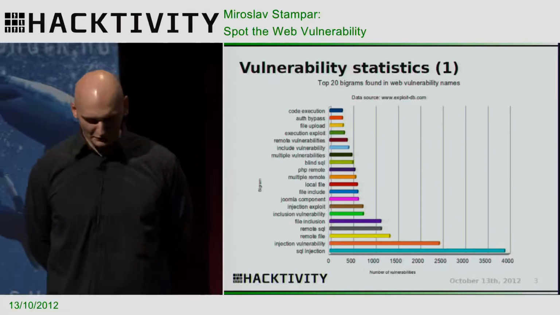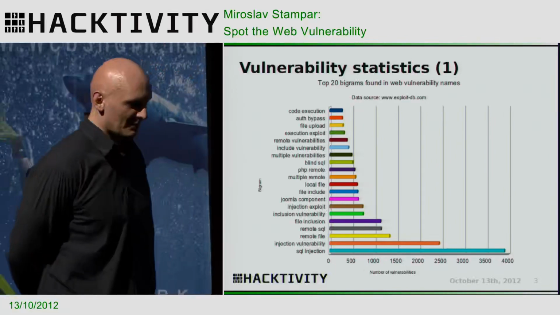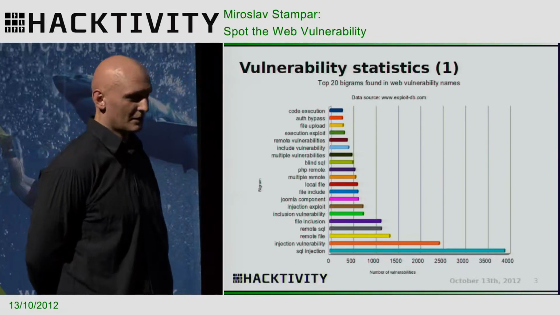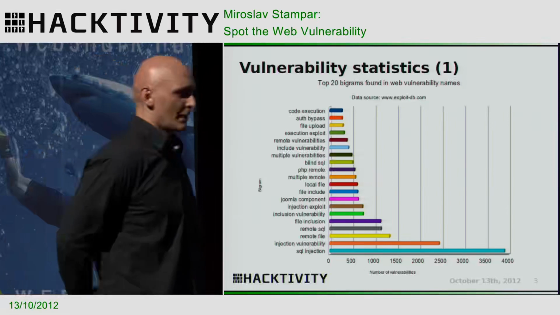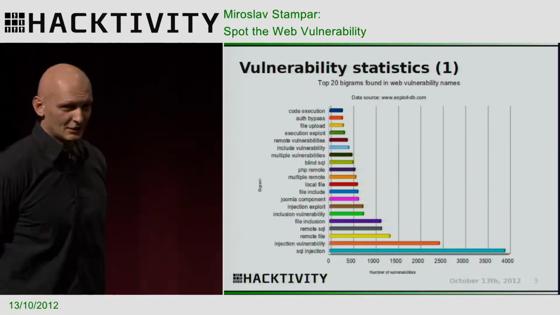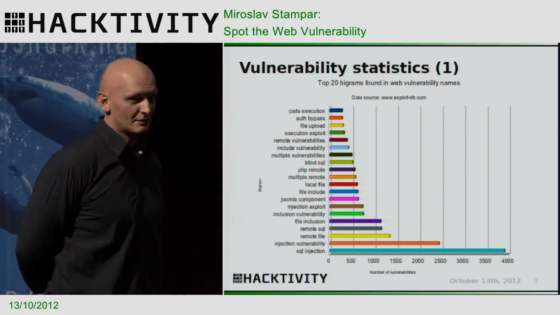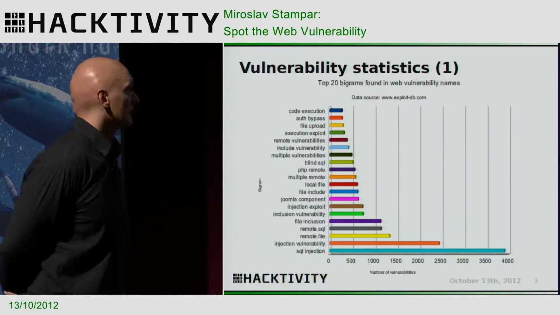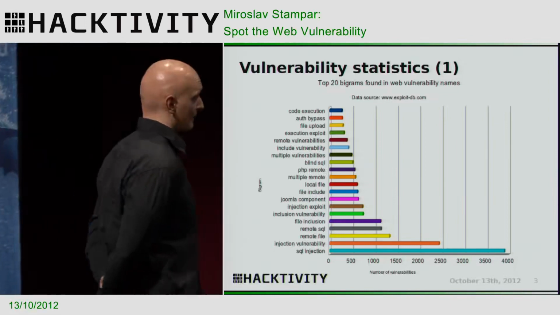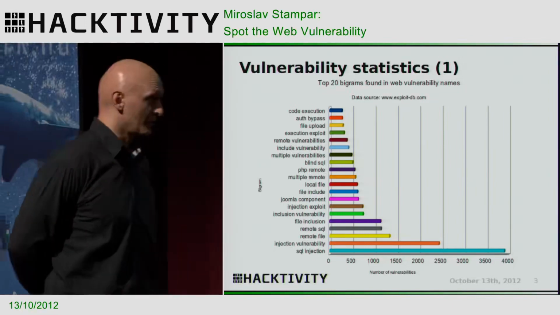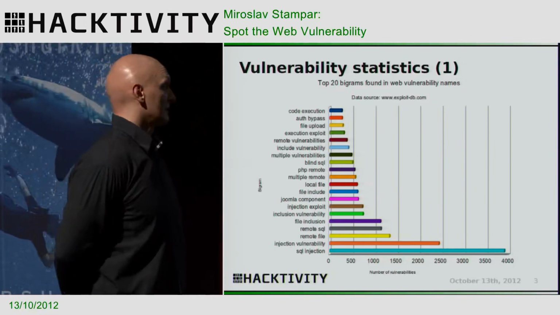At security conferences, you need to have some hard data. People don't like, myself especially, when people talk about some abstract stuff without any background. So I made some statistics for this conference. I've collected vulnerability names which could be found at the ExploitDB site.